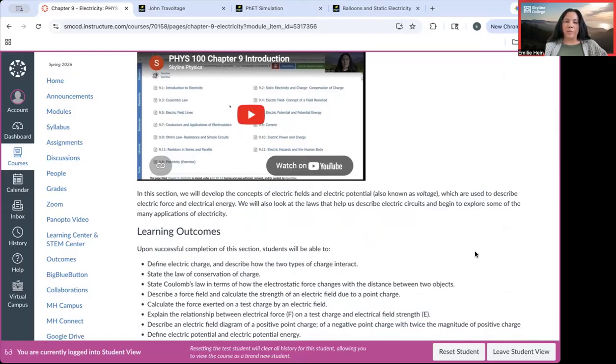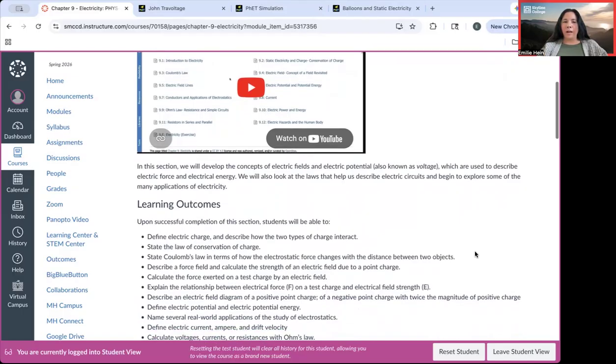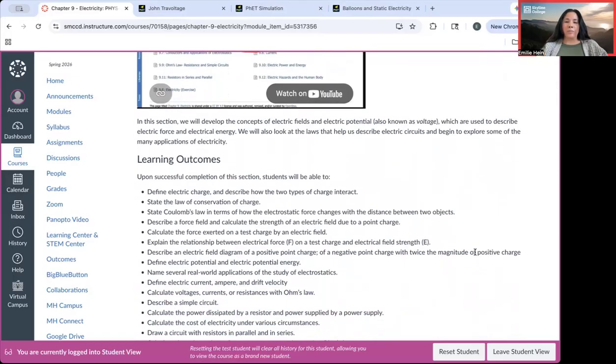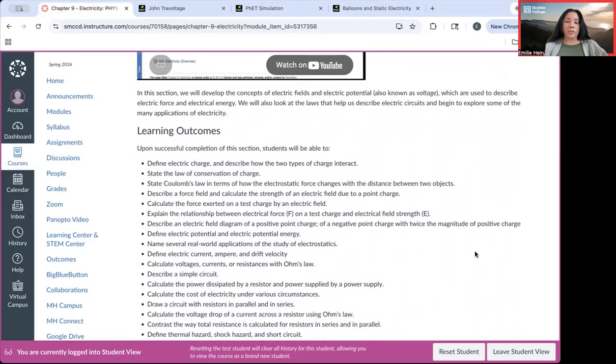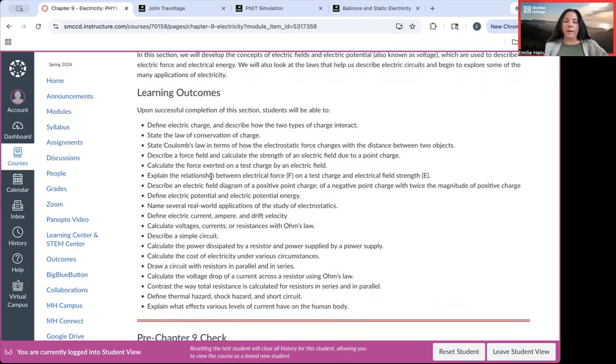And so we'll see that we have objects that can be neutral, positively charged, or negatively charged. And we'll see how they interact. So the interactions for electric charges are governed by Coulomb's law, and so we'll learn more about that.